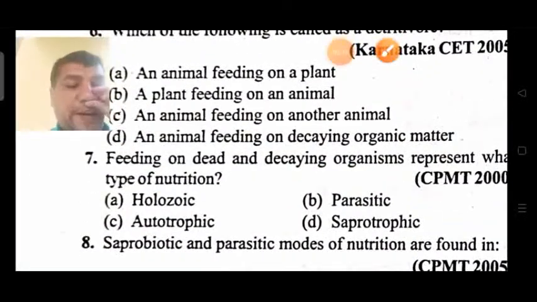Next, feeding on dead and decaying organisms represents what type of nutrition? Holozoic, parasitic, autotrophic, or saprotrophic. Holozoic is solid food; parasitic is liquid but ready-made food; autotrophic is self-generation.